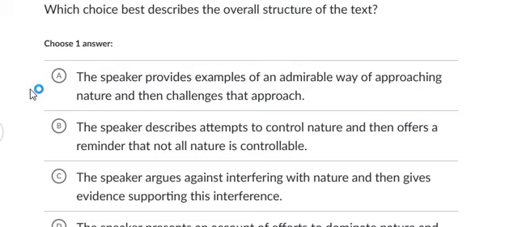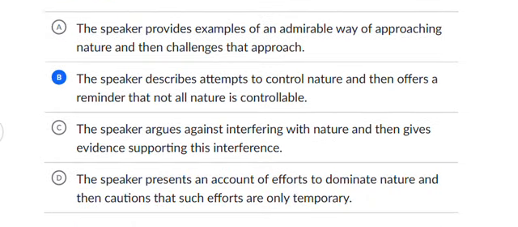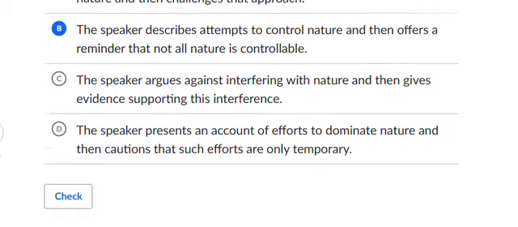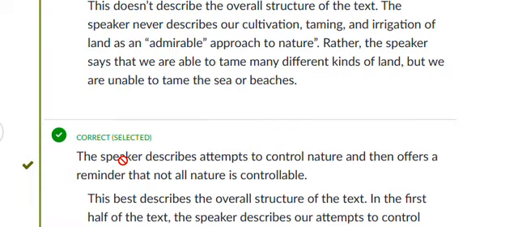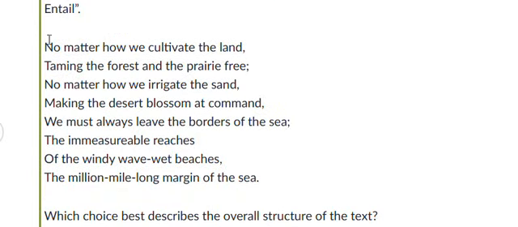Or the speaker describes the attempts to control nature and then offers a reminder that not all nature is controllable. Then I think B is the answer. Let's just try. I haven't solved these. Yeah, B is the answer because it actually tells us here, no matter.